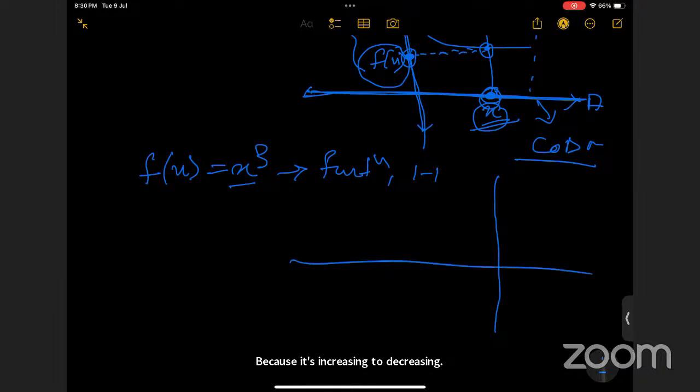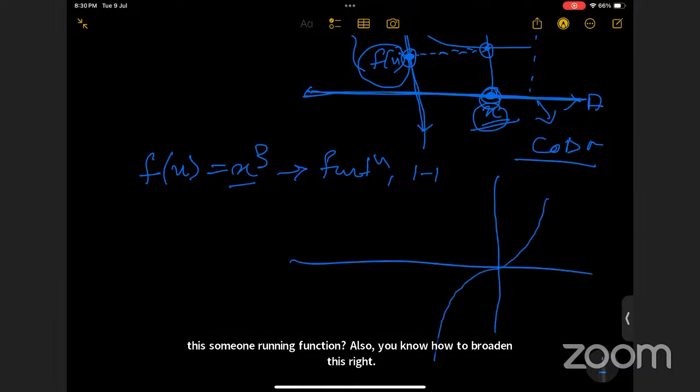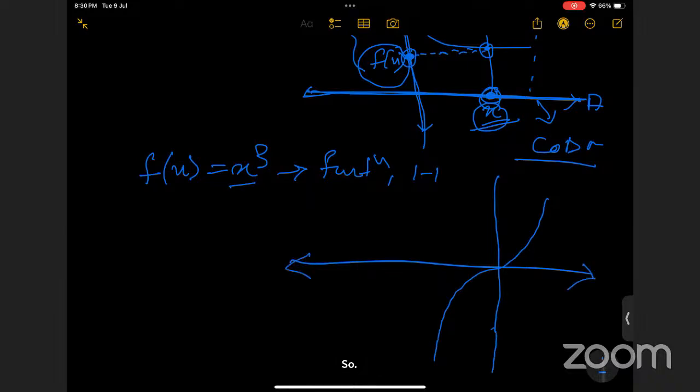Also, you know how to draw a graph for polynomials, right? Yes, ma'am. So from this also you can check, this is our domain, this is our codomain, right? So from this also we can check with these graphical things.